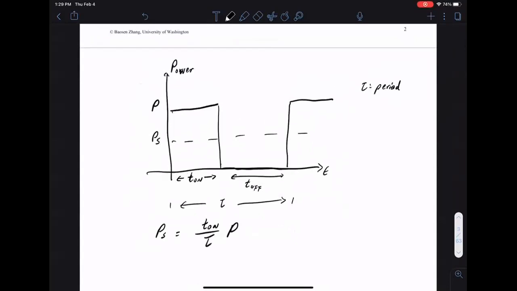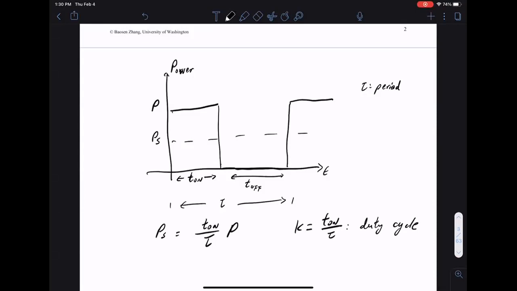So this is our very simple switch with this effect. This T on over tau is the duty cycle, often expressed as a fraction and often denoted by K, the duty cycle of the switch.